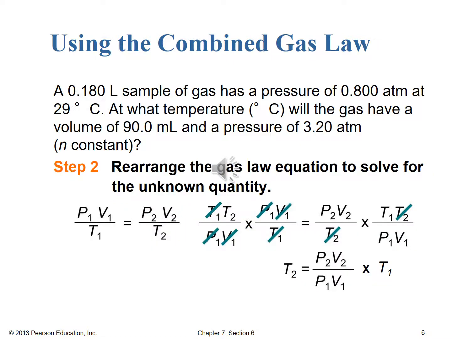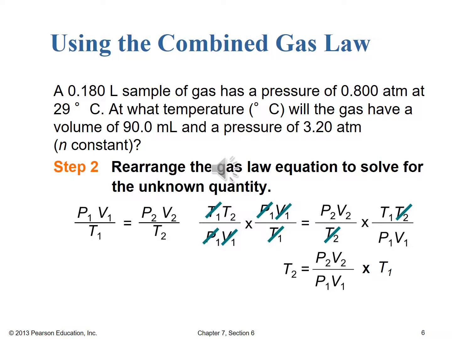So in order to complete step 2, where we rearrange the gas law equation to solve for the unknown quantity, we're going to have to get rid of two things. In this case, we're looking ultimately for our final temperature, T2, and so in order to isolate T2, we could multiply both sides by T2 and then divide through by P1 V1 and then multiply through by T1.